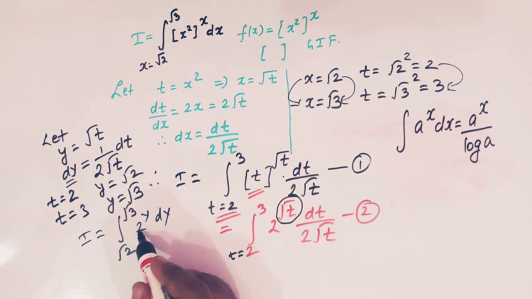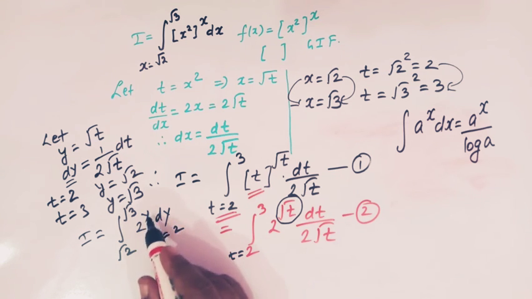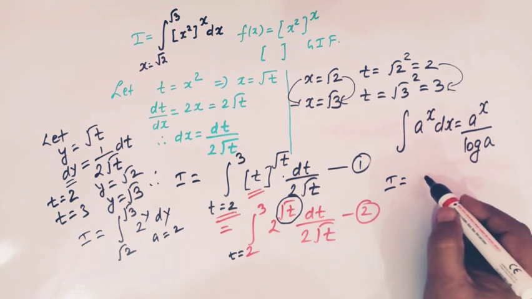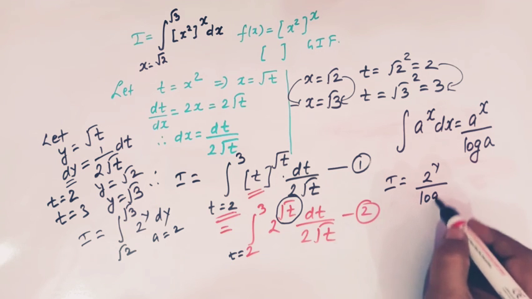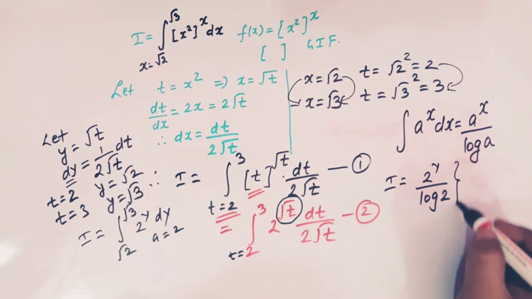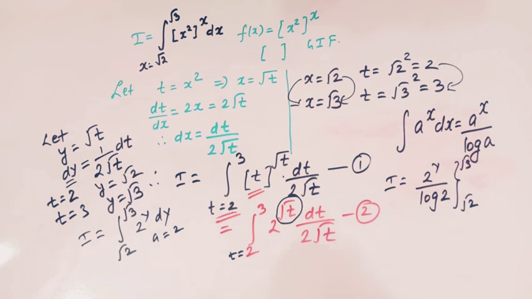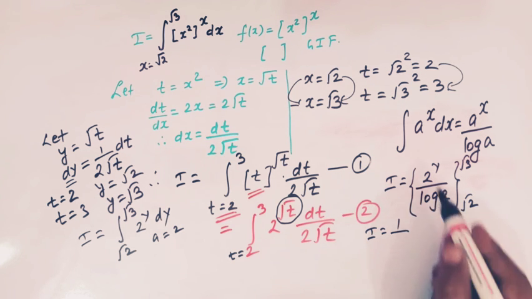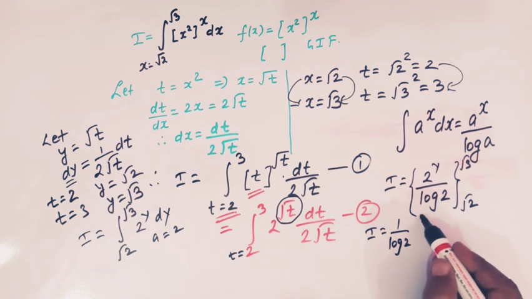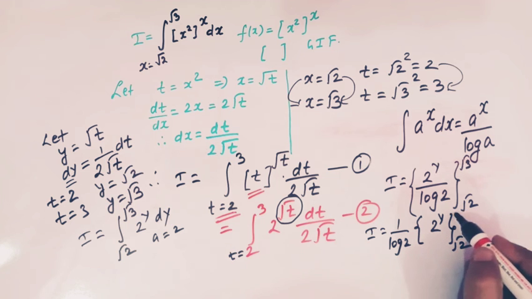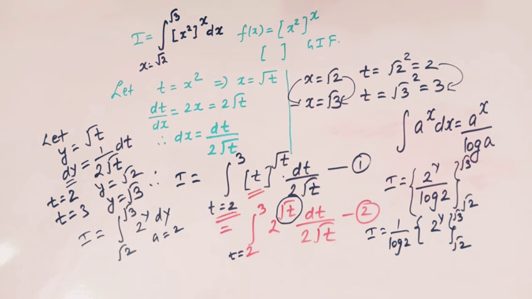Here we have 2 raised to y, so a is 2, and this integral I can be written as 2 raised to y over log of 2, and the limits are from square root of 2 to square root of 3. Now we can take 1 over log 2 outside, with 2 raised to y and the limits from square root of 2 to square root of 3.